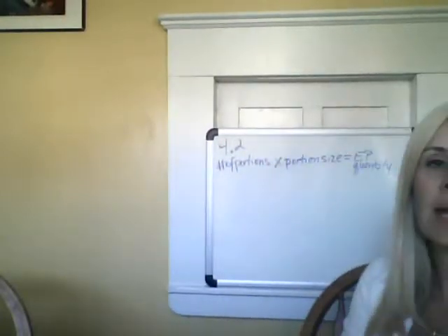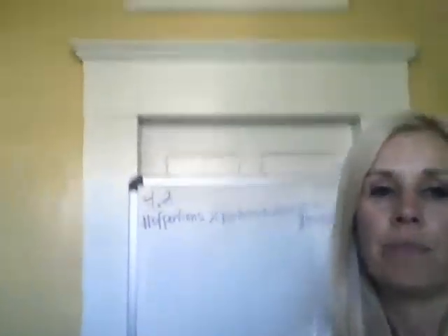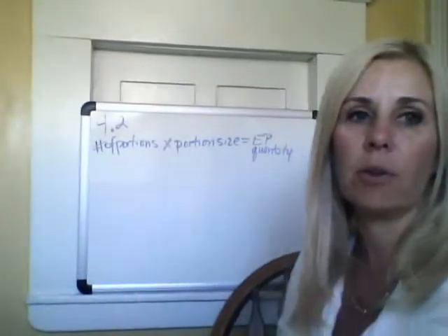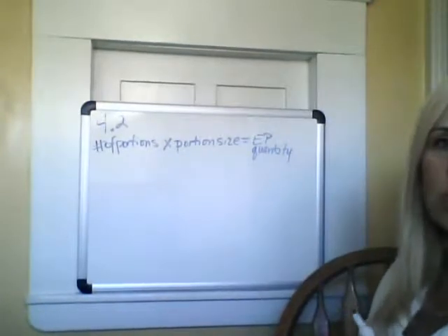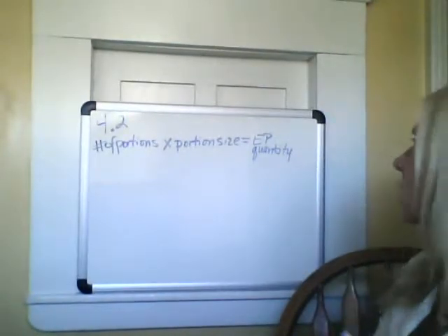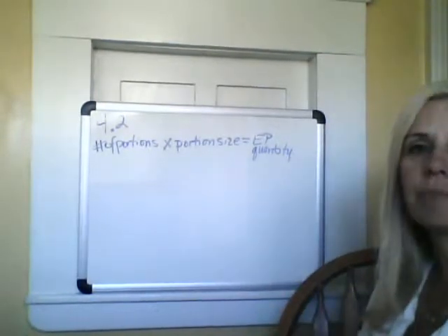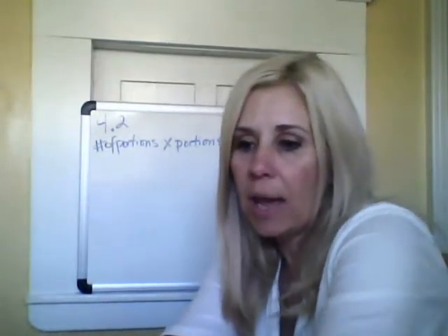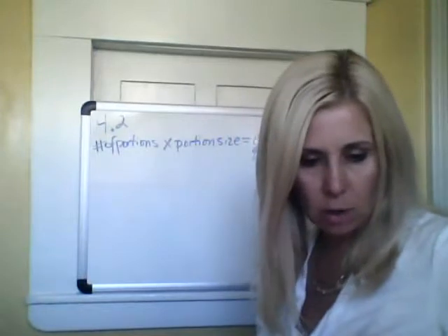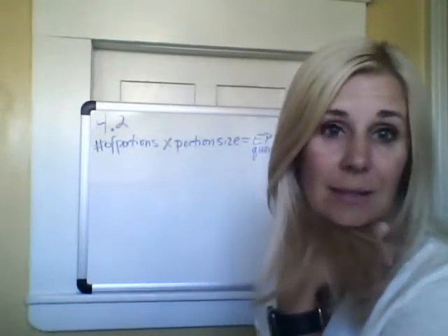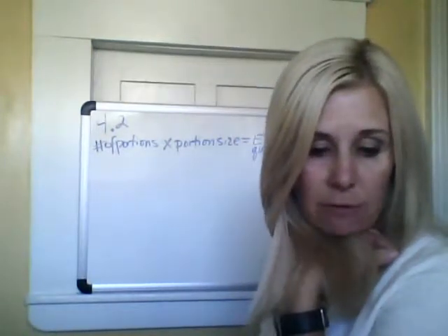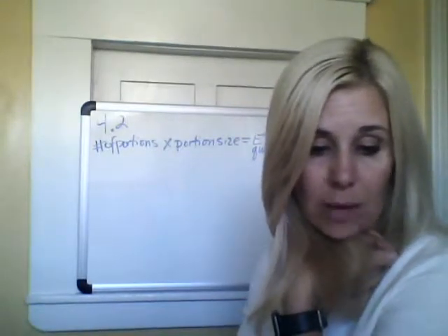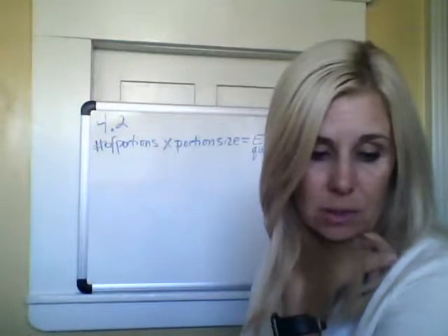If we know the number of portions and we know the portion size, then we know EP quantity. We know how much we need altogether, right? If you're looking on page 104, we know we have 250 guests coming, and we know that each guest will get 5 ounces per portion. So when we multiply that together, we need 1,250 ounces.